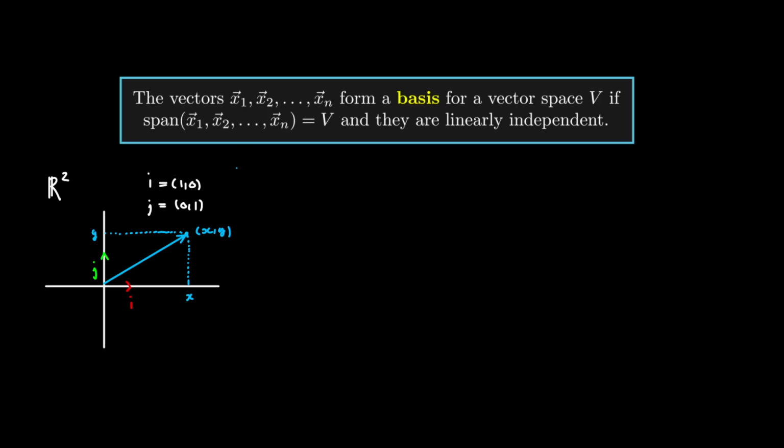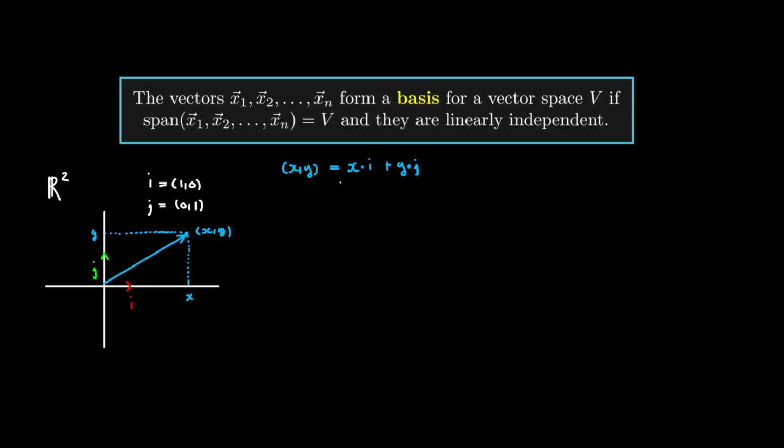Then the important thing is that every such vector (x, y) is equal to a linear combination of I and J. It's equal to x times I plus y times J. So in other words, every vector in our vector space can be produced from the vector I and the vector J by some linear combination. And so they have a very special role to play. Now, that special role is the role of being a basis for R2, okay?